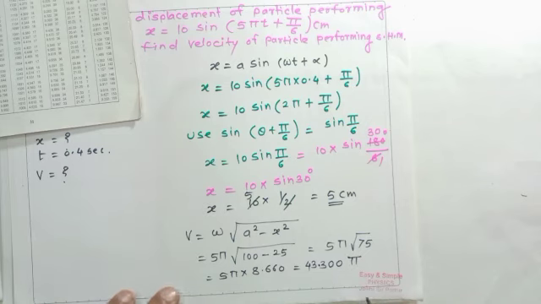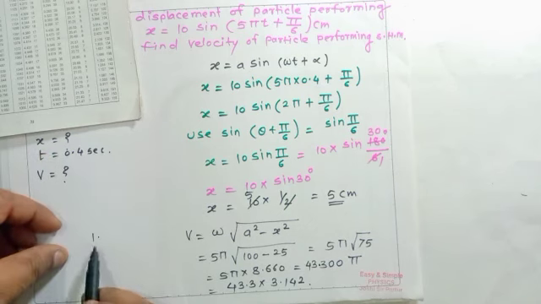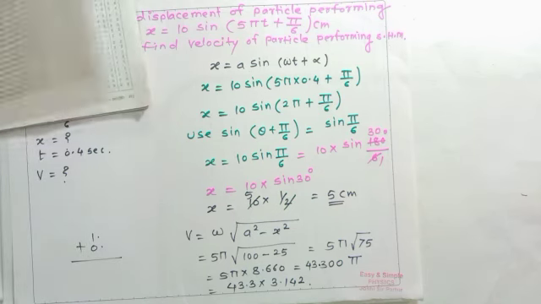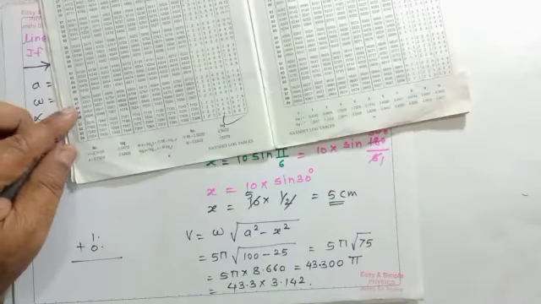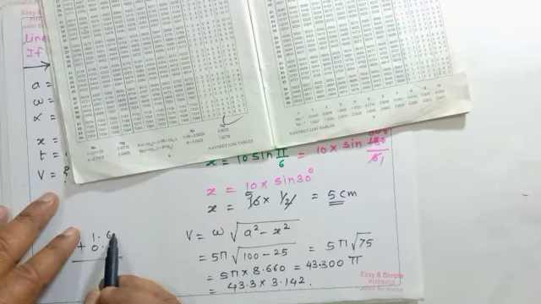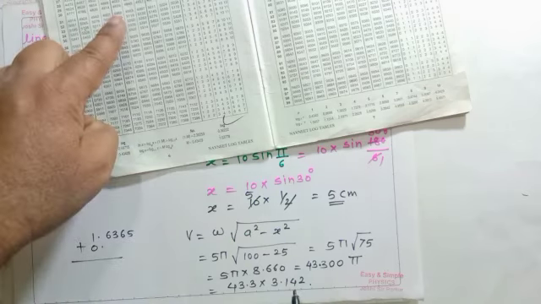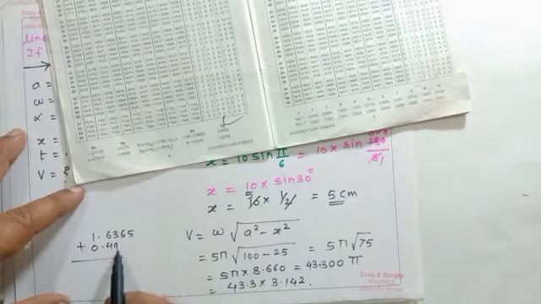If we substitute the value of pi, that will be 43.3 into 3.142. Again, by solving with logarithm, the characteristic for 43 and 43 in 3, its logarithm will be 6365, and 31 in 4, 4969, and into 3 is mean difference, that is 4972.